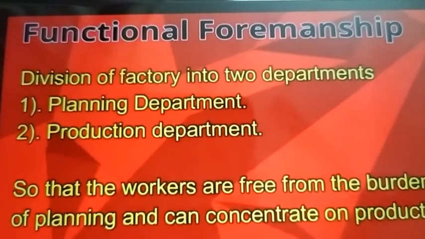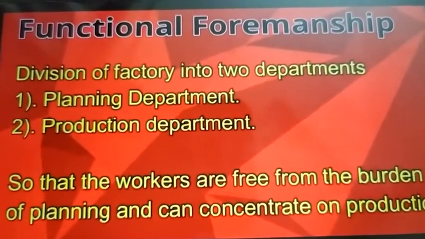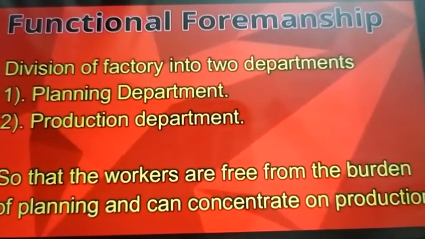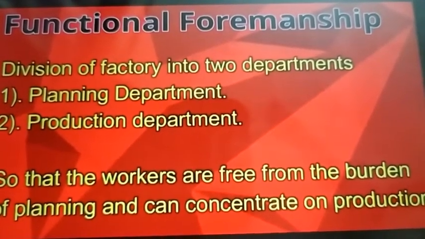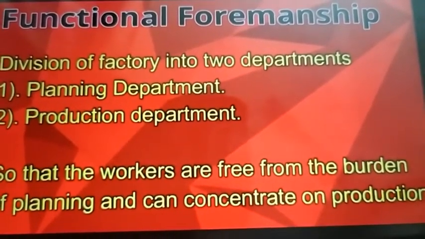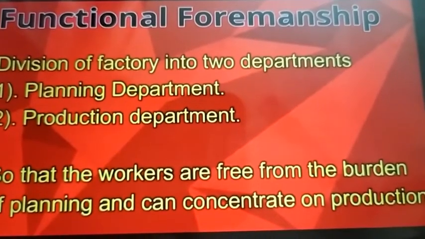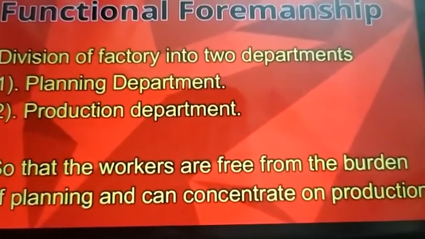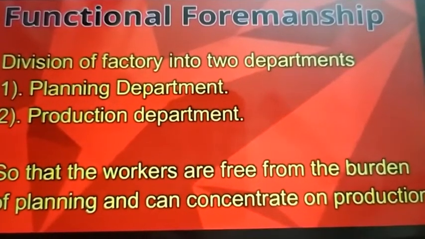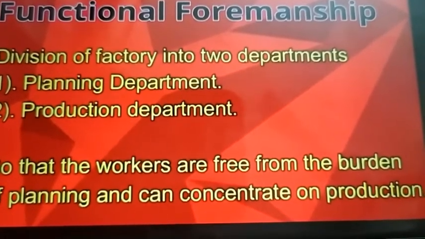So as per the technique of functional foremanship, Taylor wanted to separate the planning function from the production function. For this he proposed that the work in the factory should be divided into 2 departments, the planning department and the production department, or the operational department.